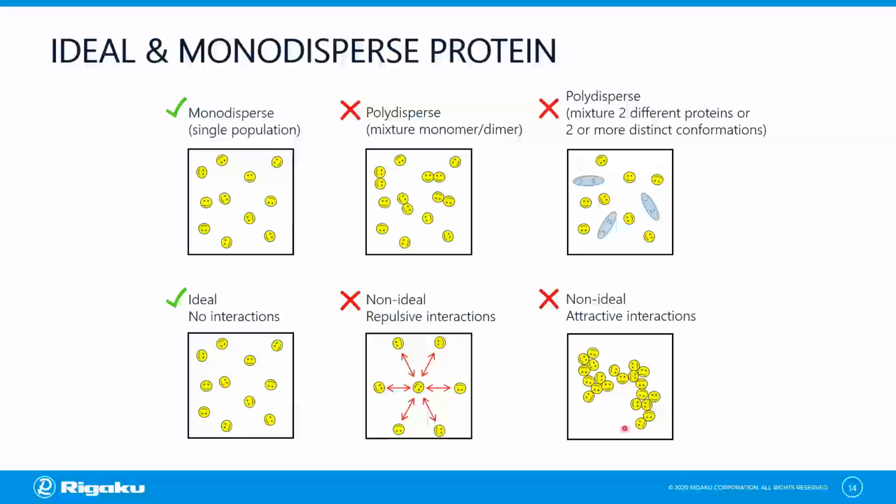And additionally, we don't have any aggregation that's occurring. And if we confirm all of these, then we can go on to derive some very specific information about the molecule we're interested in. And one way that we achieve this is by doing concentration gradients. So we might collect at different concentrations and ask ourselves, do structural parameters change in effect?